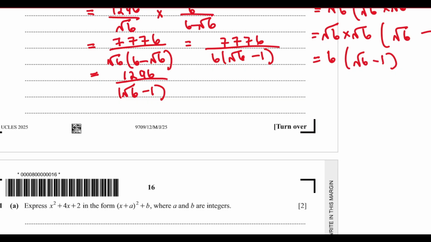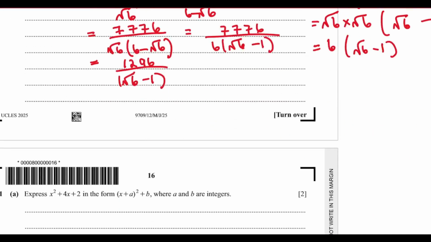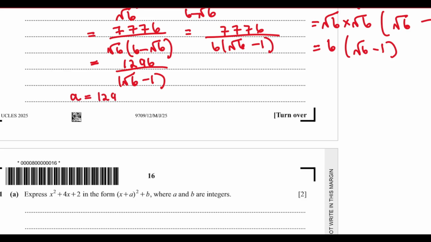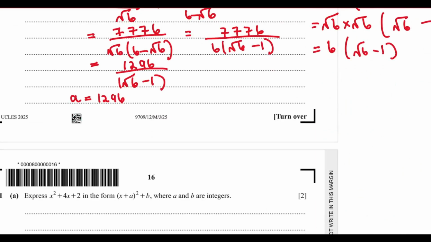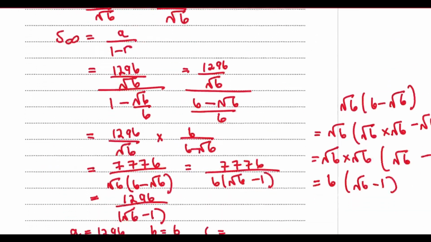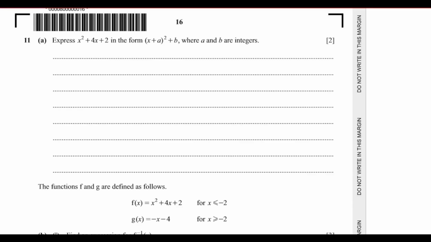Do we have it in their format? Yes. A number, a root, minus a number. So a is 1296, b is 6, and c is 1.